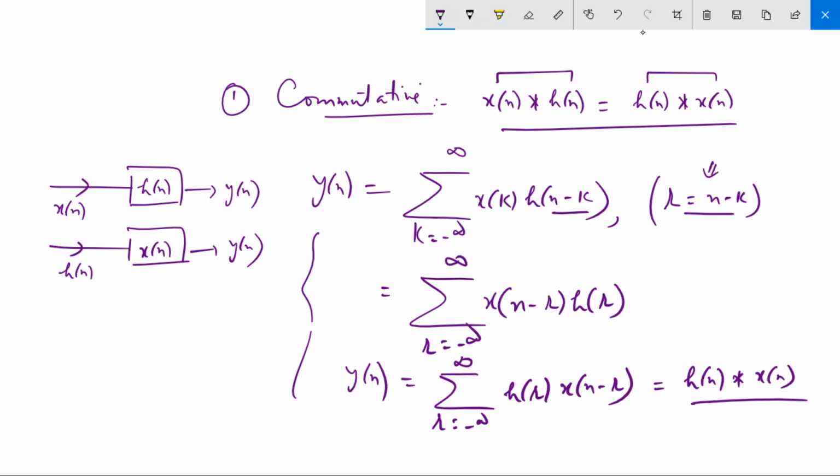Okay, so the roles of input and impulse response can be interchanged. This is the commutative property. Either x[n] can be taken as input and h[n] as the impulse response, or h[n] can be taken as the input and x[n] as the impulse response of the system. You are going to get the same output.